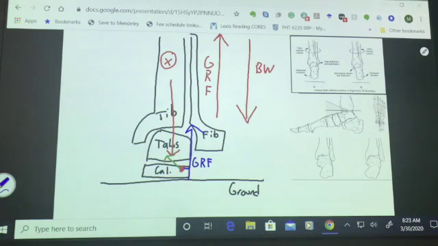What happens here is that this creates a pronation moment.